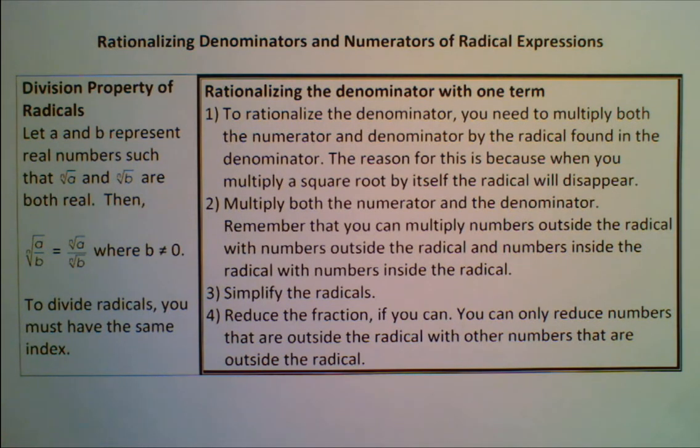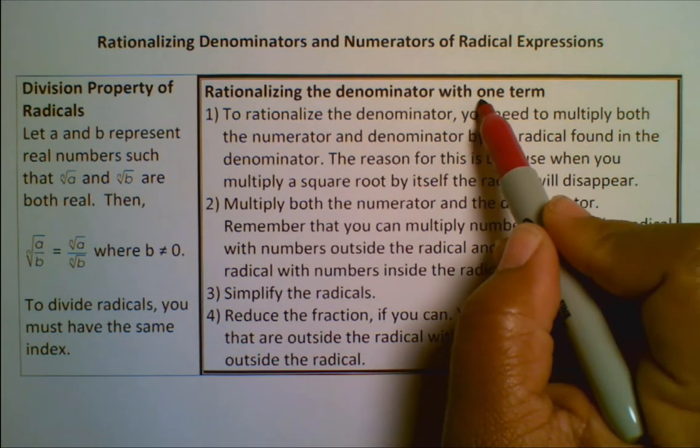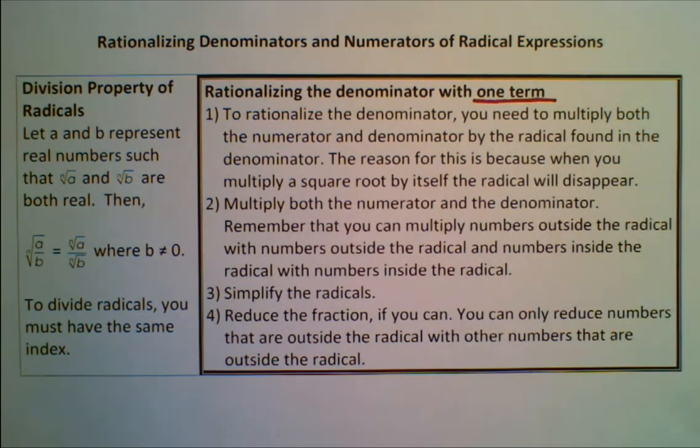So we're going to use what's called rationalizing the denominator. Our focus in this section will be just rationalizing the denominator with one term. We can look at two terms, and we'll introduce that in a couple of videos later. But right now, we're going to look at what happens when our denominator is one term.